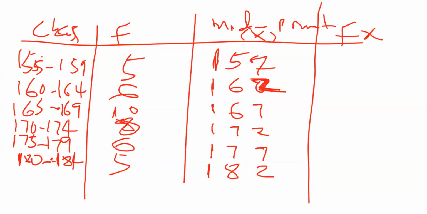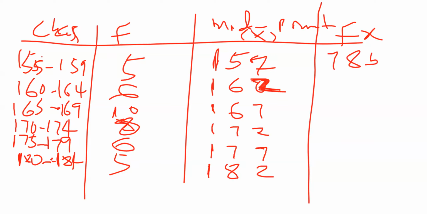I have multiplied 157 times 5, that is 785.